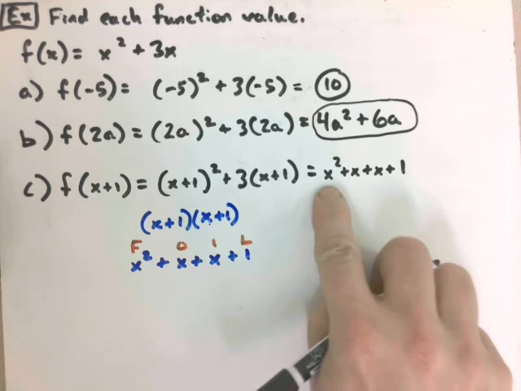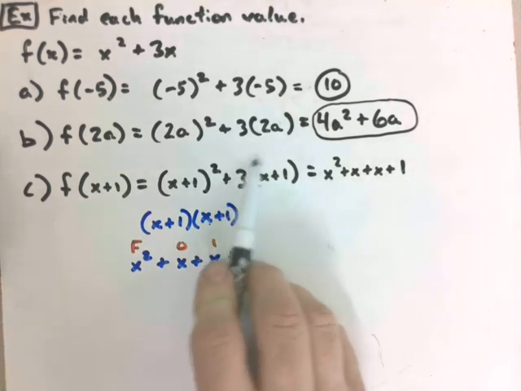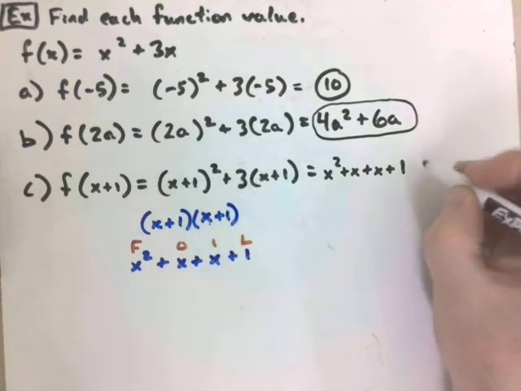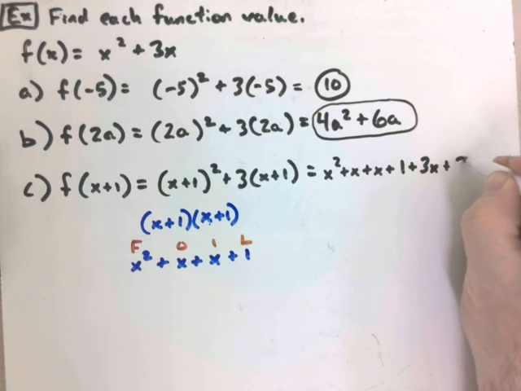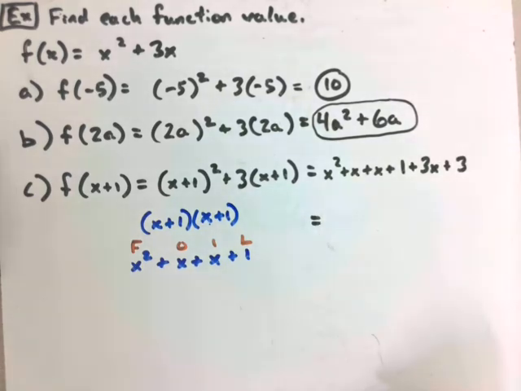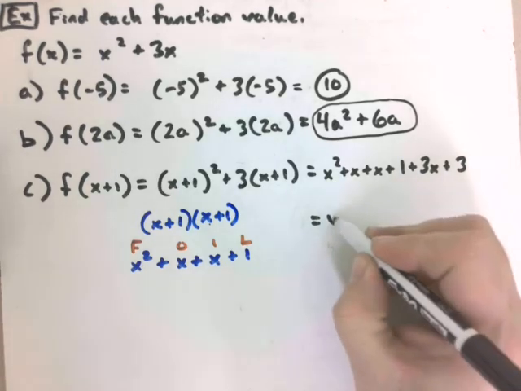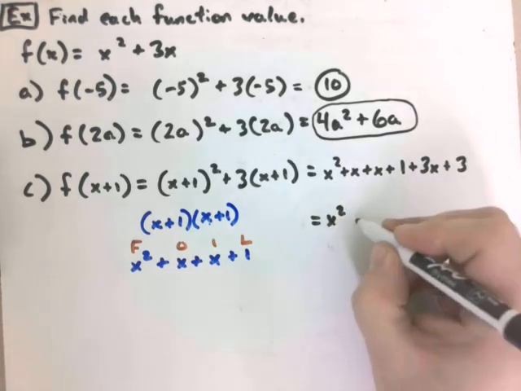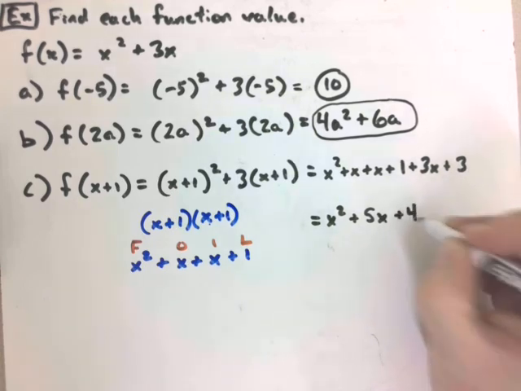So that's what we get from our FOIL, and then using the distributive property again, we'll take the 3 and distribute that into both terms. 3 times x is 3x, and 3 times 1 is 3. To come up with our final answer, we just need to combine like terms. We'll have an x squared, and then x plus 3x is 5x, and then 1 plus 3 is 4.